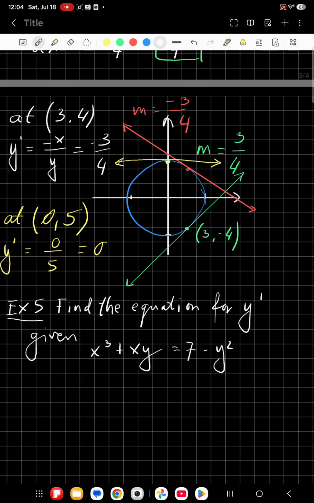It's not difficult. Anyway, first thing we're doing is taking the derivative.